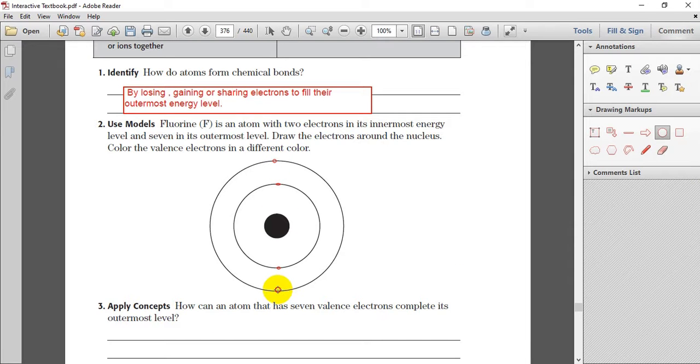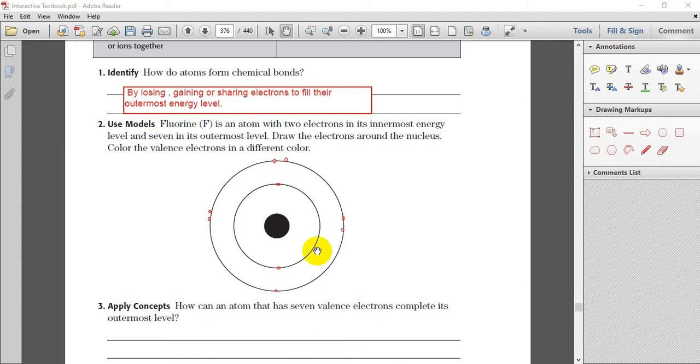We will distribute the electrons first in the 4 main directions. Here also 1, and on the other side 1. So how many do we have now? 4. Okay, and then how many are left? We said fluorine has 7, so we will complete.